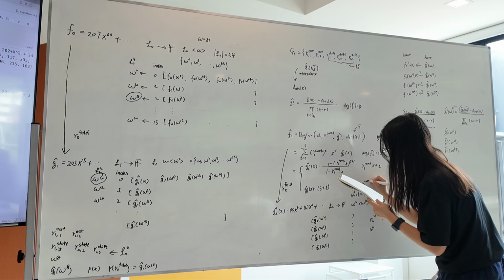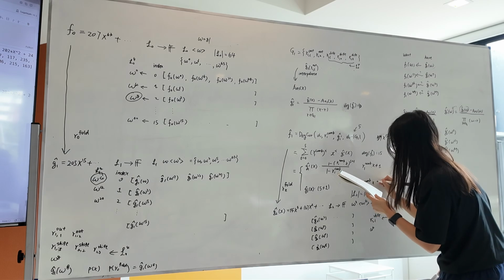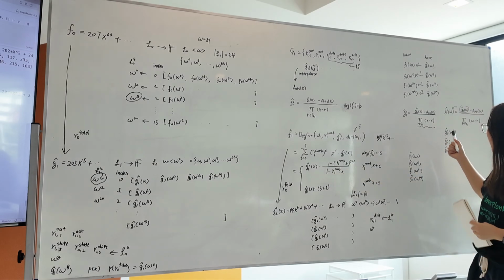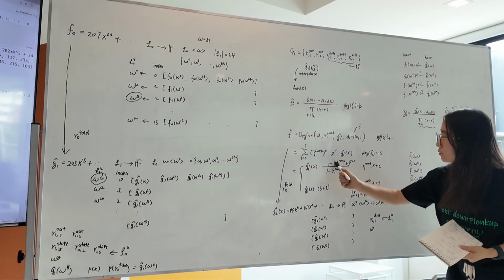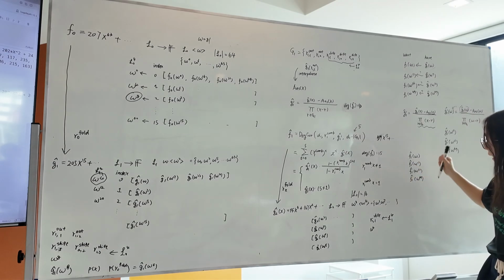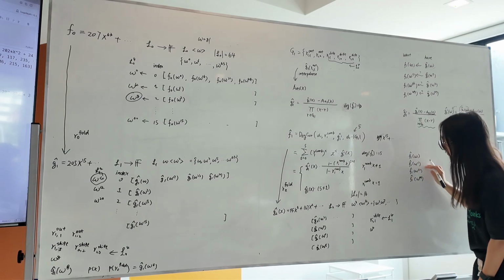So he can use G1 hat omega to get F1 hat omega, and these four values.